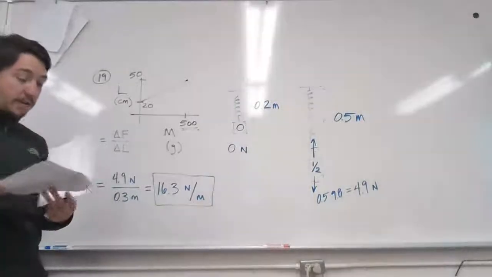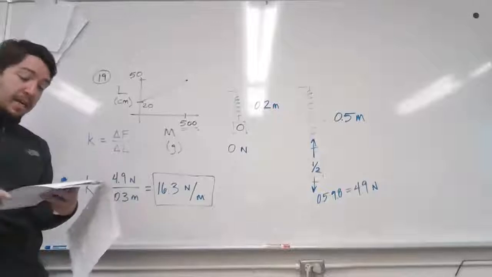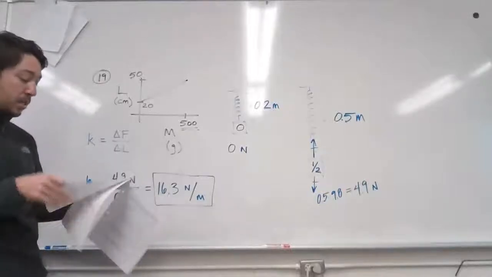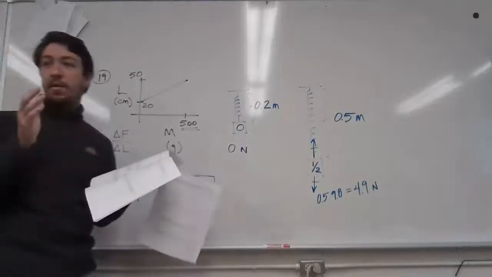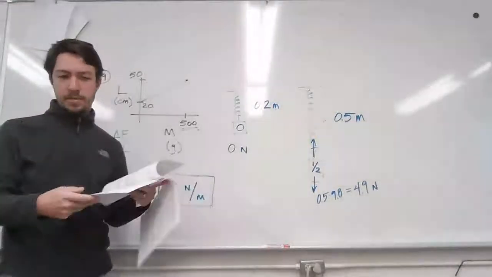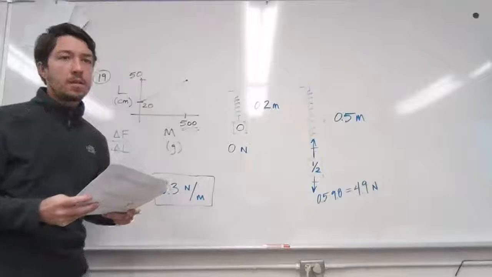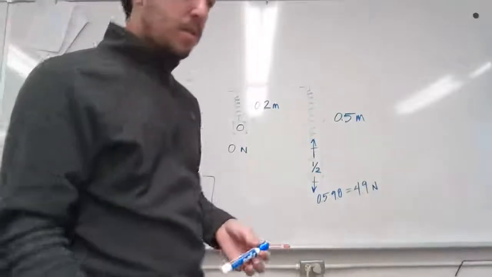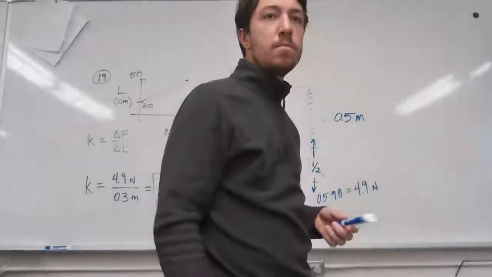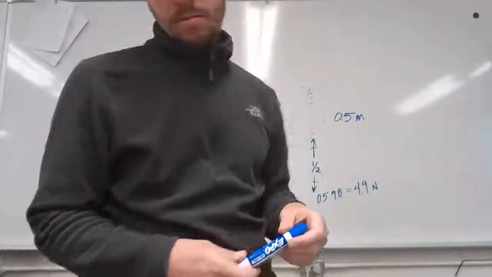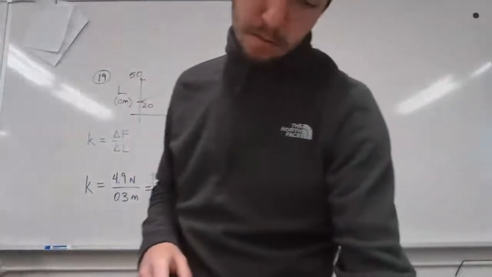Same thing with 26, 27, 29, 30, and 31, which all involve what happens when you have multiple springs. Basically, you do the same thing for 19: find a k, or spring constant, and then you divide by how many?